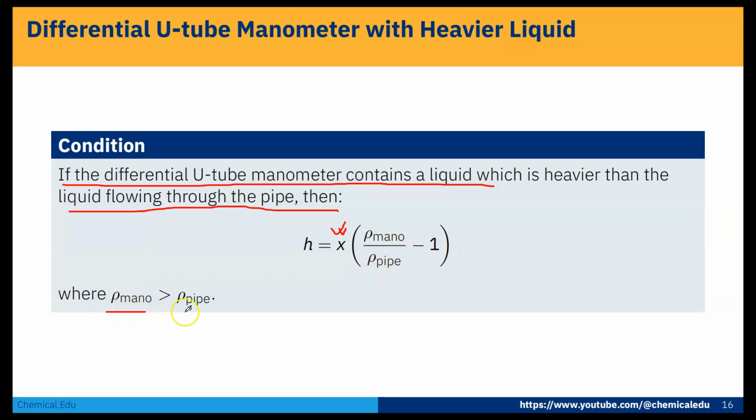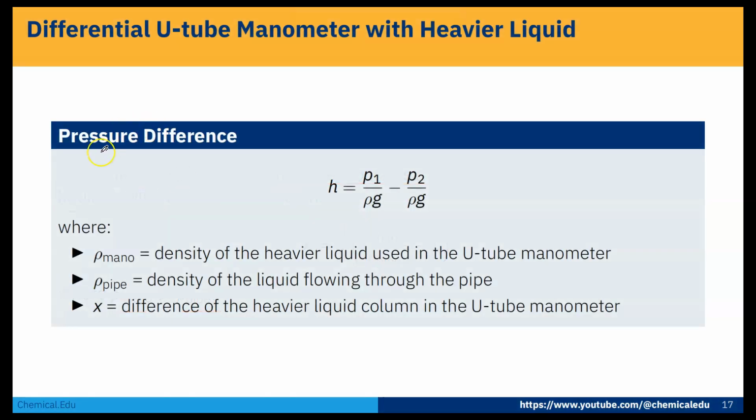So here rho manometer will be greater than rho pipe. So we know that H is equal to P1 by rho g minus P2 by rho g. Here rho mano means density of the heavier liquid used in the U-tube manometer, rho pipe means density of the liquid flowing through the pipe, and X is the difference of the heavier liquid column in the U-tube manometer.